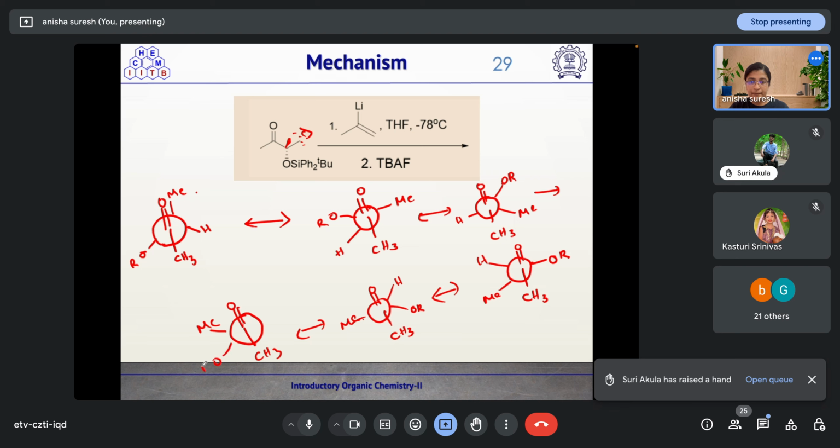Me, OR, hydrogen. So this we can write like OR, Me, H. So this is the conformation that we will be considering, where OR is coming perpendicular to the carbonyl, hydrogen will be on this side and methyl will be on this side.